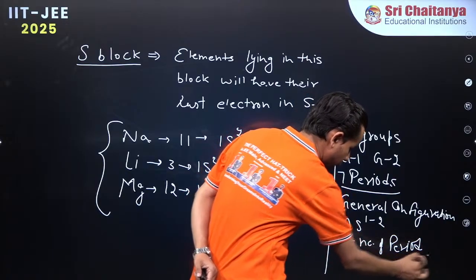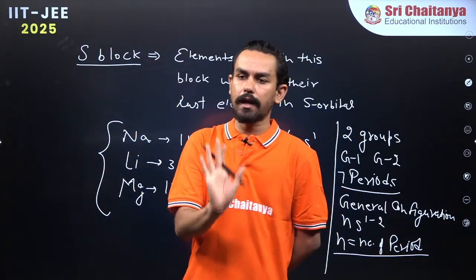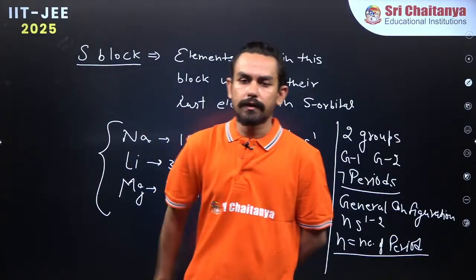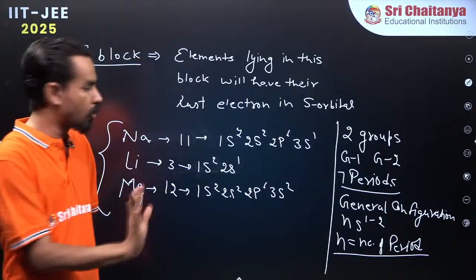So in whichever period the element is, it's n, along with s1 or 2. That means that period's s subshell will have either 1 electron or 2 electrons.